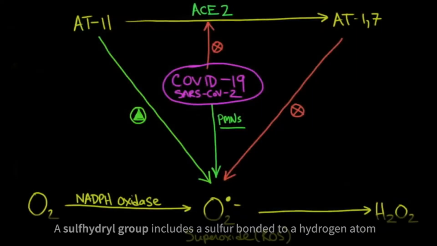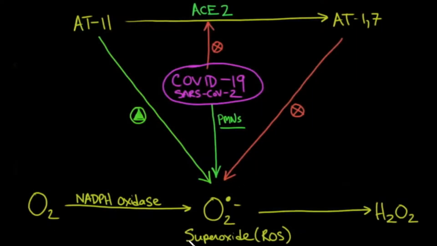And again, the reason why this is important is because we've shown how superoxide can accumulate in oxidative stress environments, such as diabetes, hypertension, coronary disease, and that when you have COVID-19, that sets up a perfect storm of superoxide. Why is that?